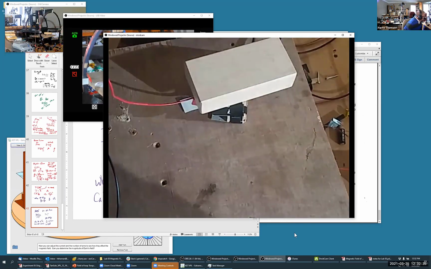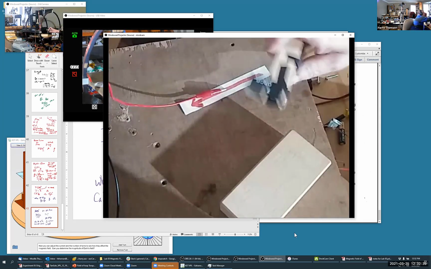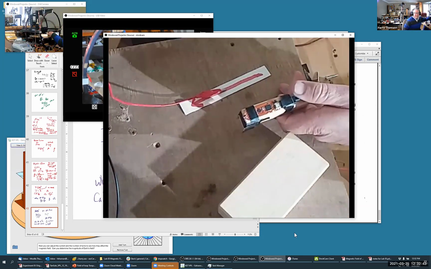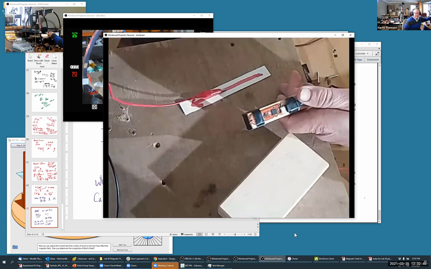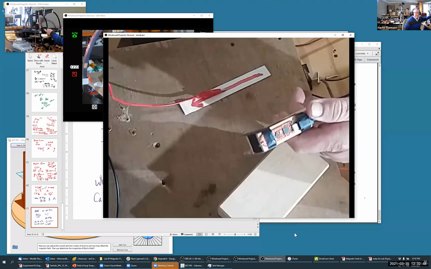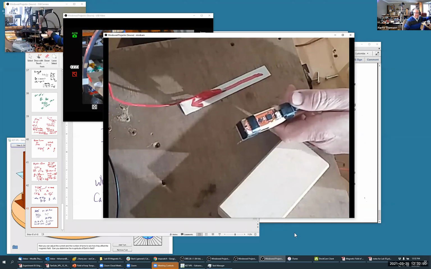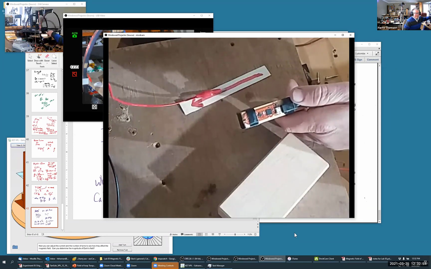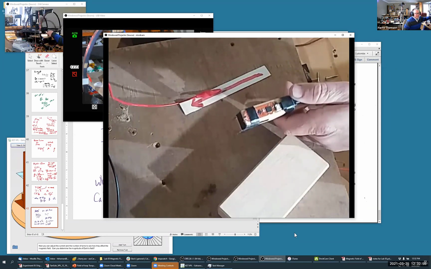So I know that there's a little tiny chip on the end of this thing. You can't believe this. If you look at the very pointy end there, away from my fingers, there's this tiny little chip. And that tiny little chip is the magnetic detector. All the rest of it is just there to translate the signal from it into USB.